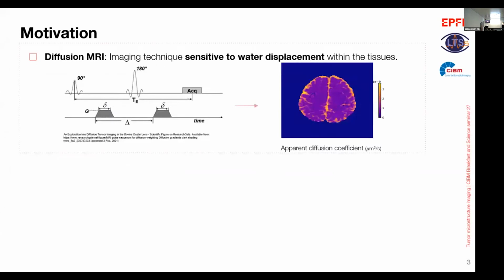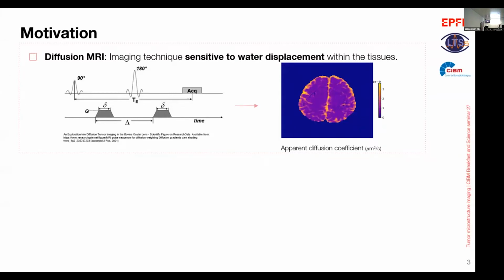So just to remind you, what is diffusion MRI? So diffusion MRI is an imaging technique that is sensitive to water displacement within the tissues. So on the left, you have an example of PGSE sequence, which is a gradient sequence that we use to acquire images. So what's important is the diffusion time that you have here, the big delta, that separates two gradients.